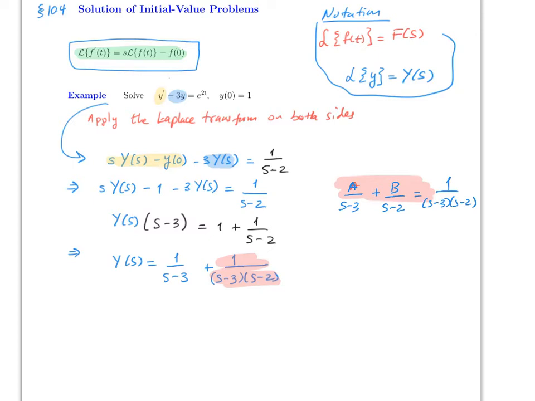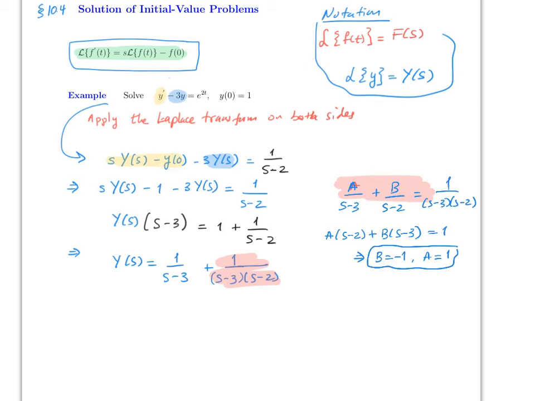Just to refresh your memory, this means that A times s minus 2 plus B times s minus 3 should equal 1. You should check, we solved this problem already: B was negative 1 and A was equal to 1. You should check the previous video, we got these values there.